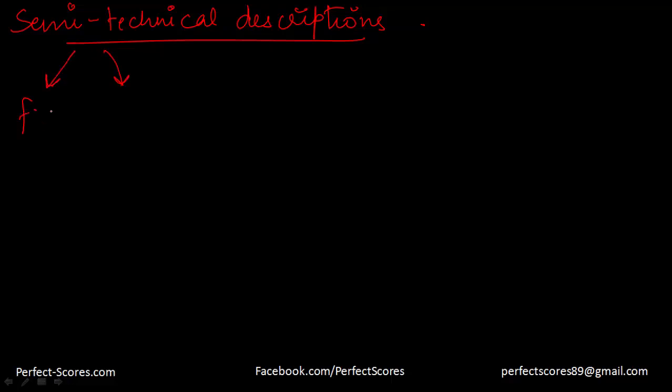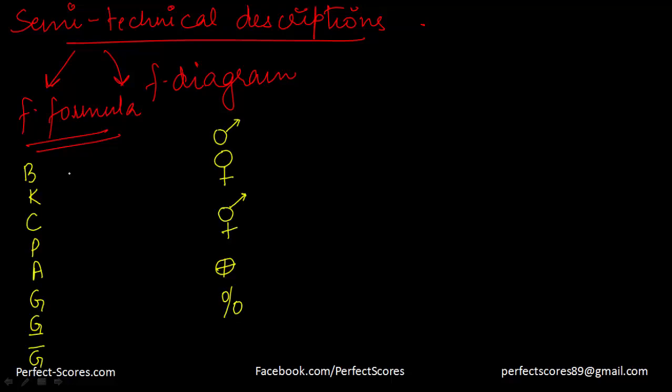One is known as the floral formula, and one is known as the floral diagram. Now in the formula, just like you have formulas in chemistry, you use different symbols. For example, N for nitrogen, O for oxygen, like that. So you need to take care of a few symbols in this case as well. So these are the main symbols that are used in any floral formula.